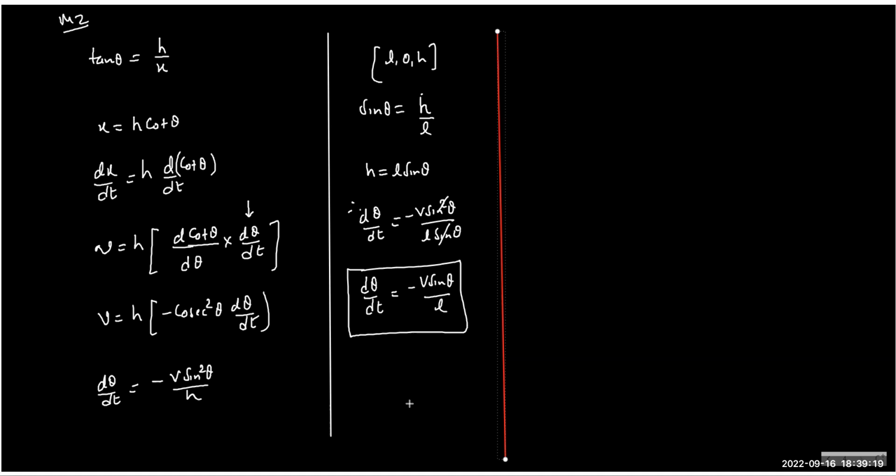Imagine this question. Our new question is similar to the previous, but for you guys to practice, I'm making a small change. You know what is the change? Now I have a parachute.